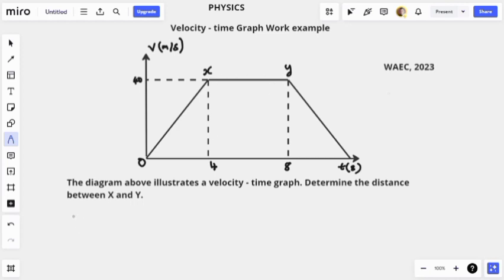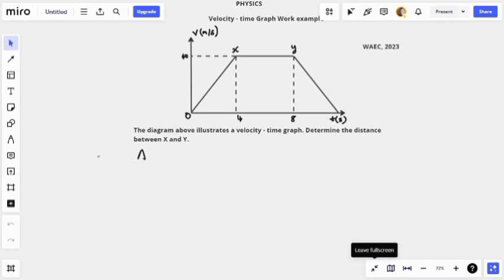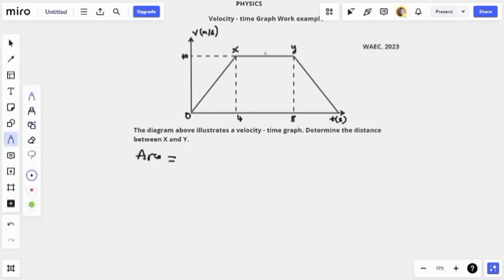So area of a square or rectangle is what?